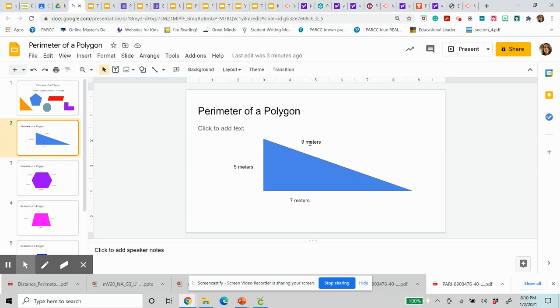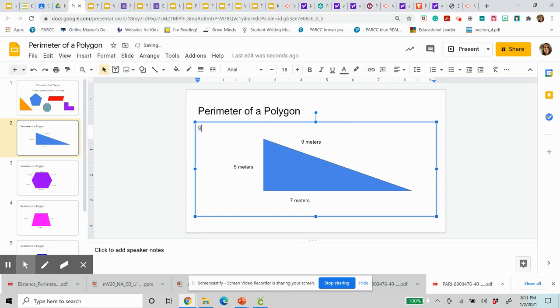What's the measurement? So we would have to add up all the sides, okay? So 9 plus 7 plus 5. Okay, so I want you to type something in Google Chat right now.